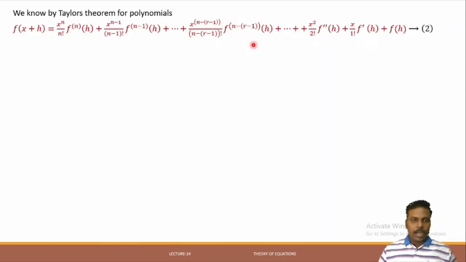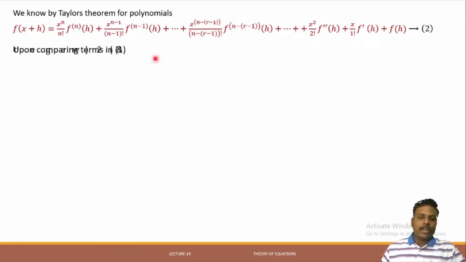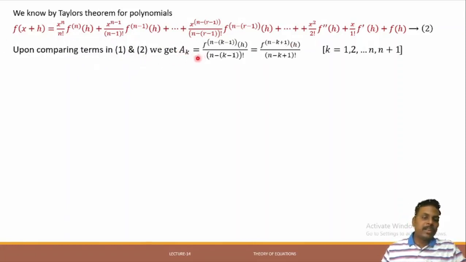Now comparing the like terms in equation 1 and equation 2, we get ak is equal to the n minus k plus 1th derivative of f evaluated at h divided by n minus k plus 1 whole factorial, where k is equal to 1, 2, 3 and so on up to n plus 1.